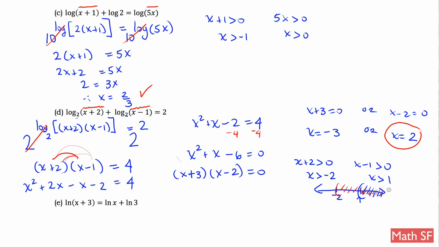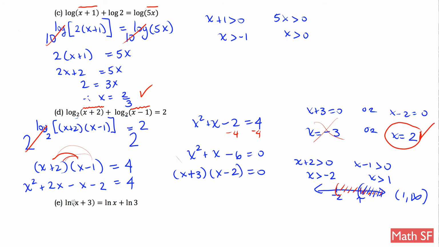Where they meet, your domain happens to be from 1 to infinity. And the only one that satisfies this condition is x equals 2. The other is not a correct solution. It will be an extraneous solution. It works algebraically, but it's not part of the domain. So we have to be very careful on that.